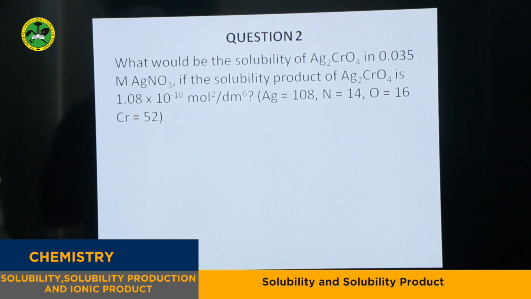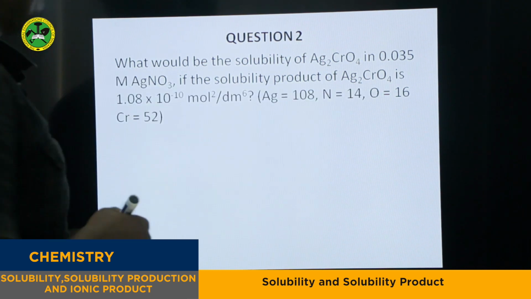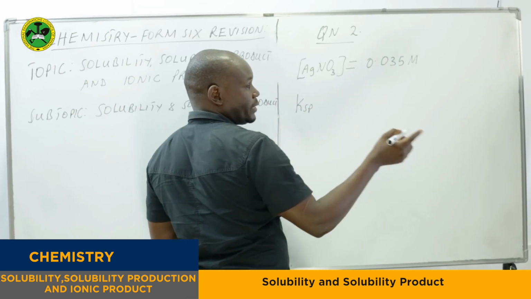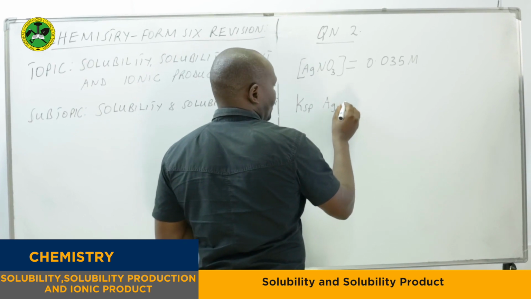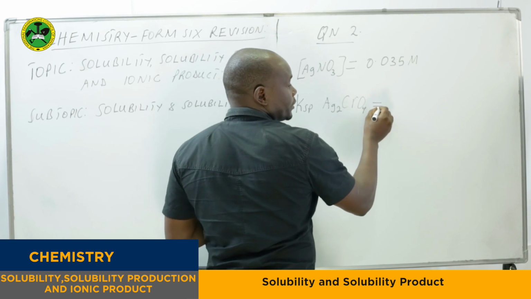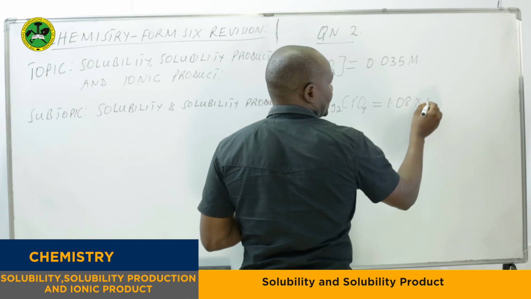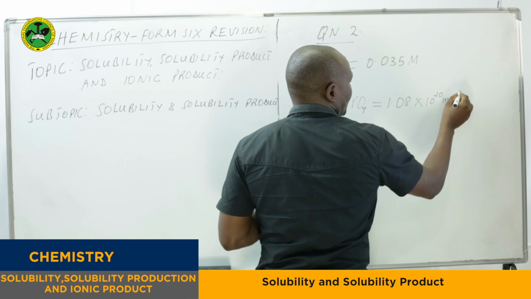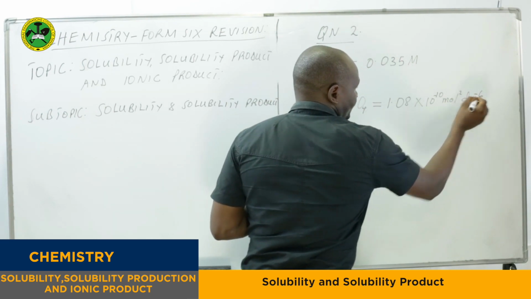And we also have been given the solubility product, the Ksp of silver chromate, which is equal to 1.08 times 10 power negative 10 moles squared per decimeter to the power negative 6.